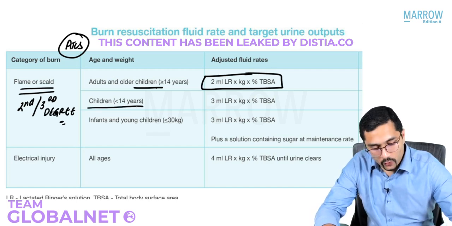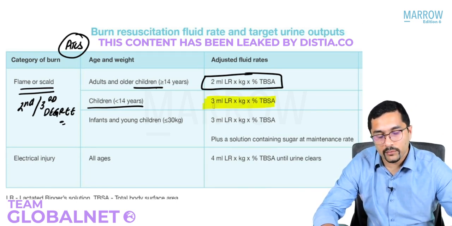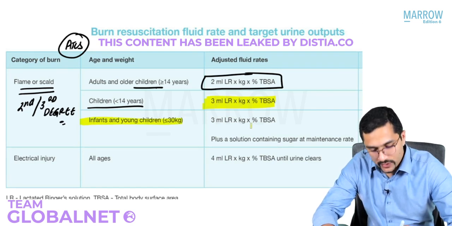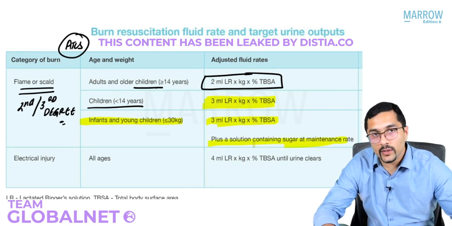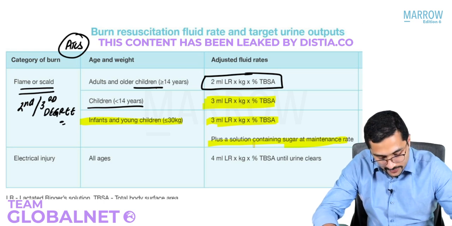For children less than 14 years of age, this formula is 3 into body weight into total body surface area burned. And for infants and young adults, I've already told you it is 3 into body weight plus we give sugar containing maintenance fluids. And I've already taught you how to calculate those sugar containing maintenance fluids.